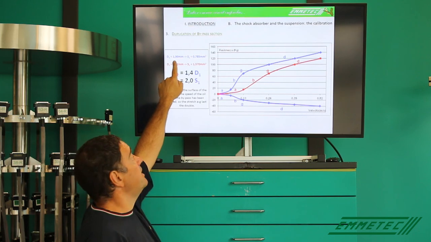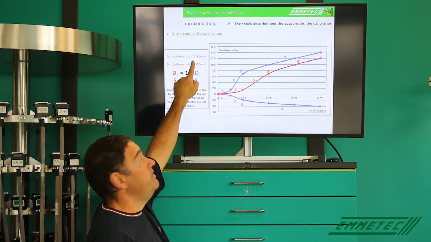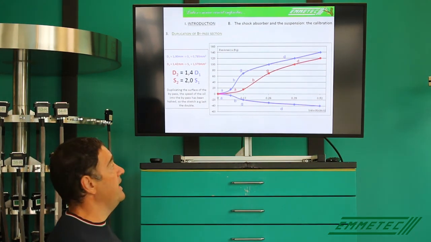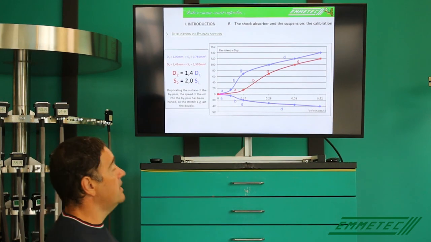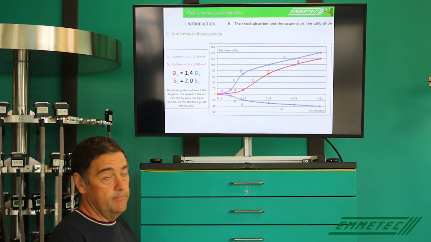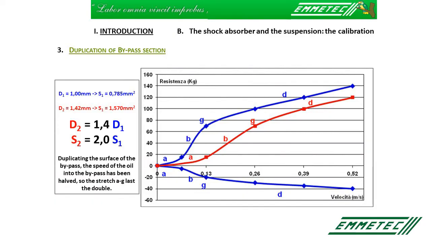If the diameter of the hole is 1 millimeter, the section of the hole will be 0.785 square millimeters. Now suppose that we increase the diameter of the hole and it achieves the value of 1.42 millimeters.